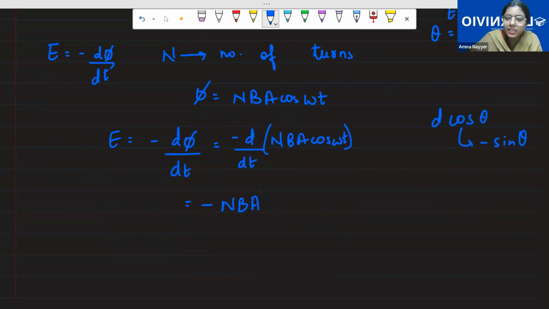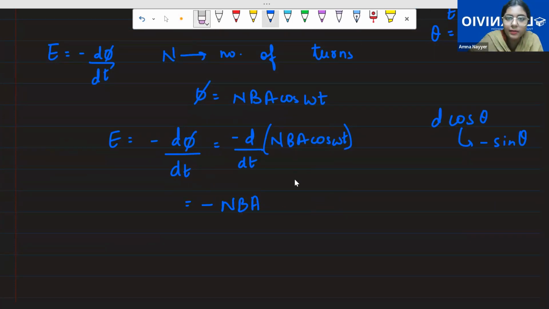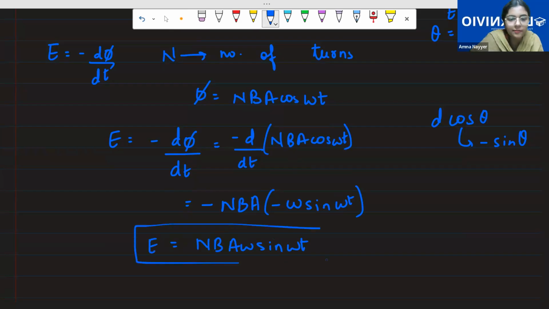In differentiation it gets multiplied, and in integration it gets divided. So this is differentiation. This will be minus sine omega t, and there would be one more omega present over here, so this will be minus omega sine omega t. So when you multiply, this gives you NBA omega sine omega t as the value of the EMF.